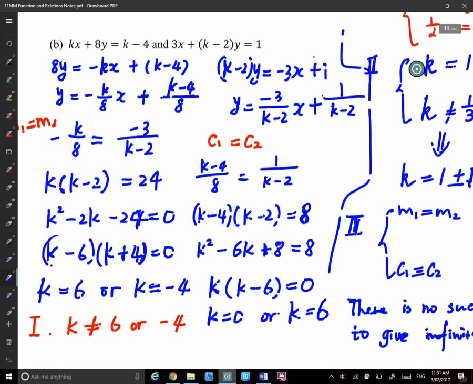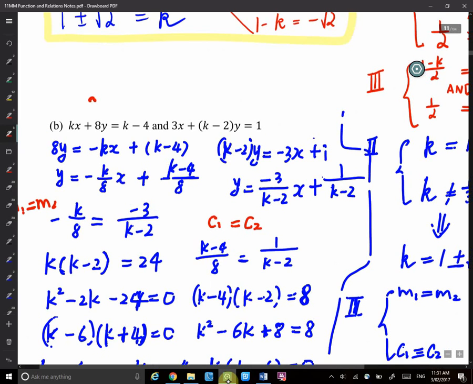If k equals 0, the x term is just gone, right? What we have left for the first equation is 8y equals -4, y equals -1/2. And for the second one, with k equals 0, I will have 3x minus 2y equals 1.